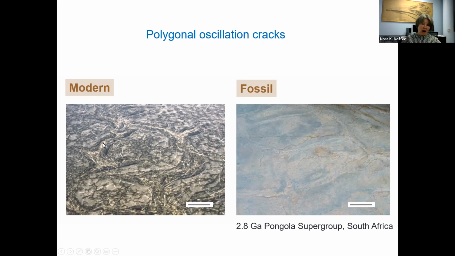The polygons are separated from each other by cracks that are accompanied by bulges. So each polygon has a bulge at its margin. So you see here 2 parallel bulges along those cracks. Within the crack is also microbial mat. It's just a younger generation.